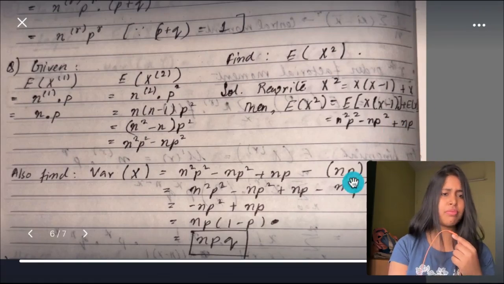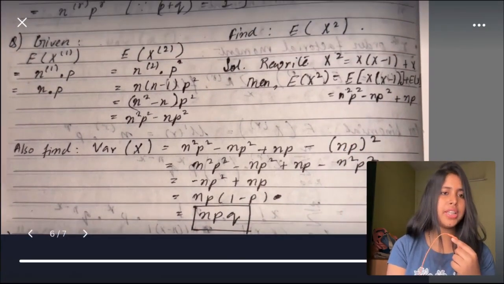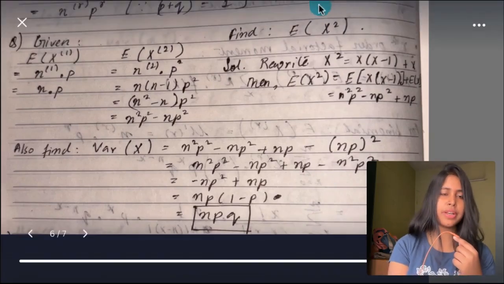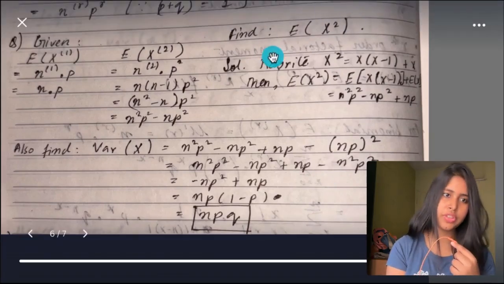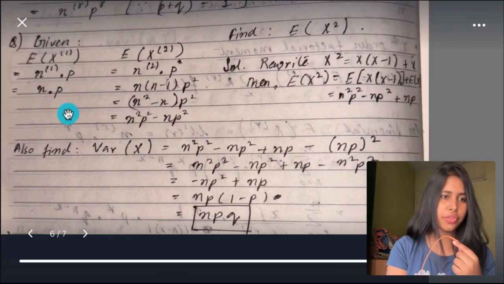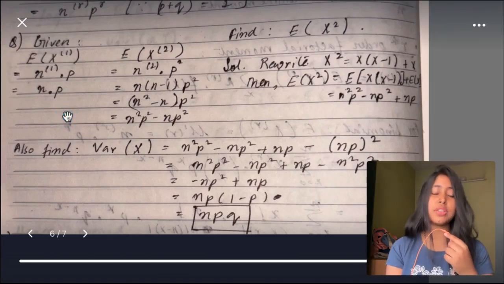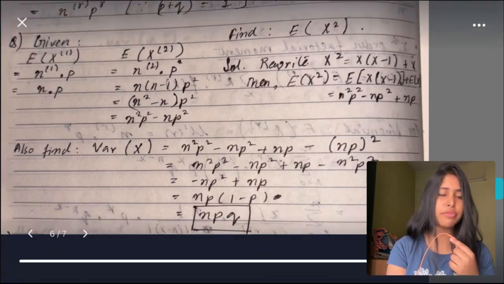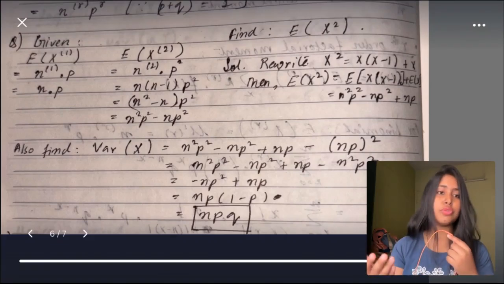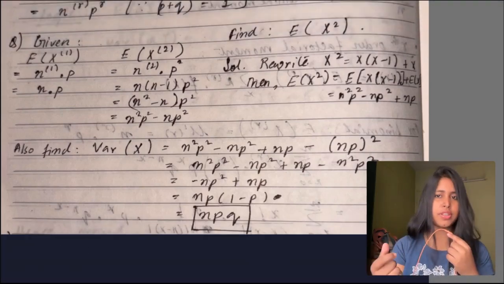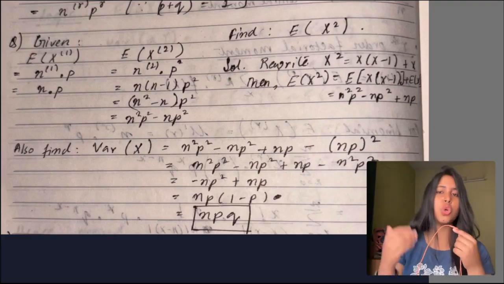Okay, now you need to find the variance of x. Now we have got the expectation of x square, we know the expectation of x, and we also know the formula for the variance of x. What is the formula? The variance of x is the expectation of x square minus the expectation of x whole squared.